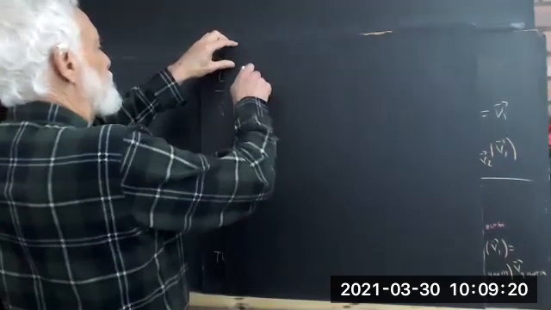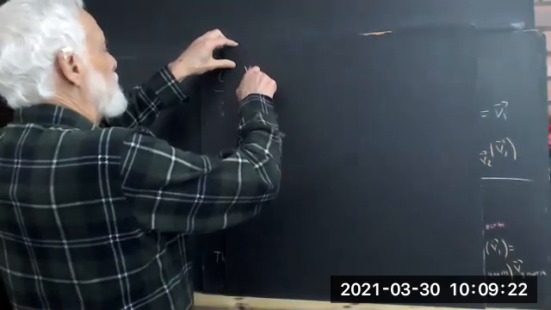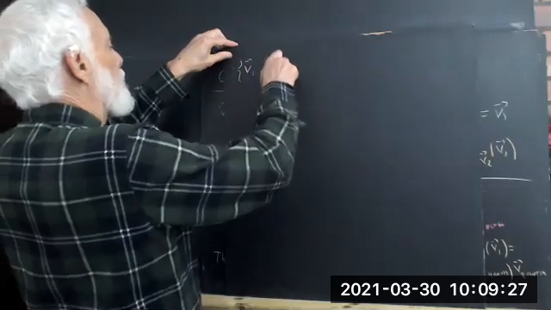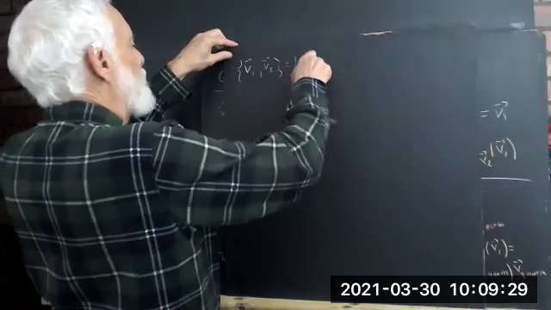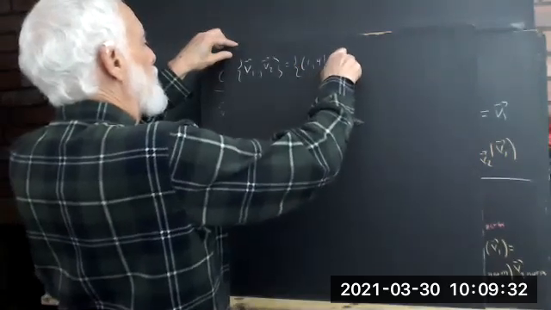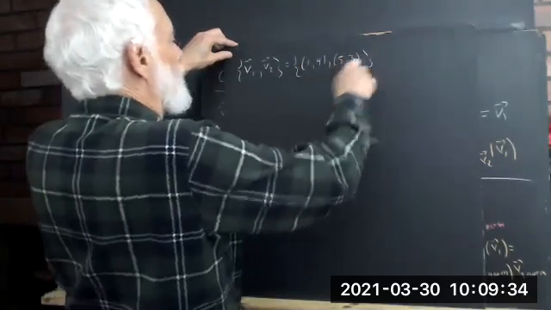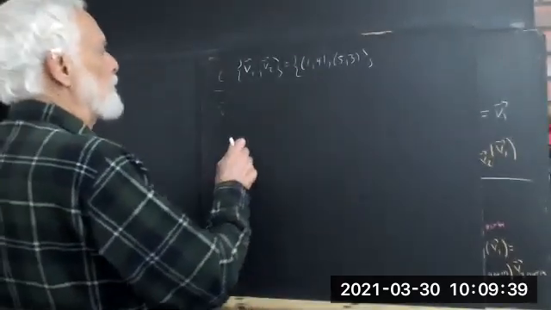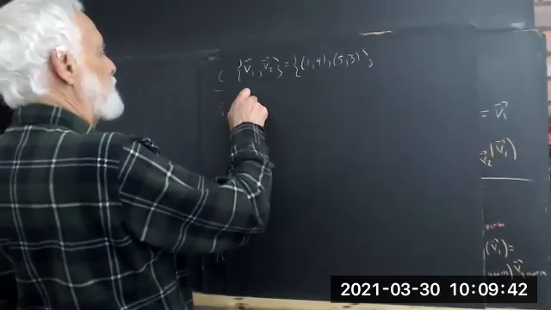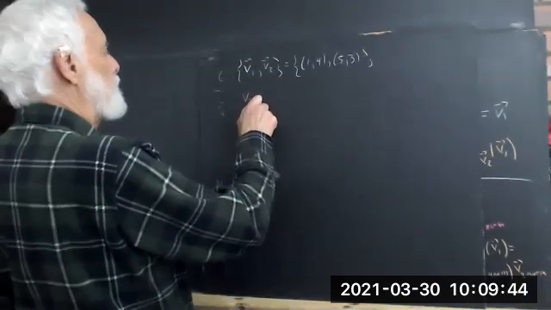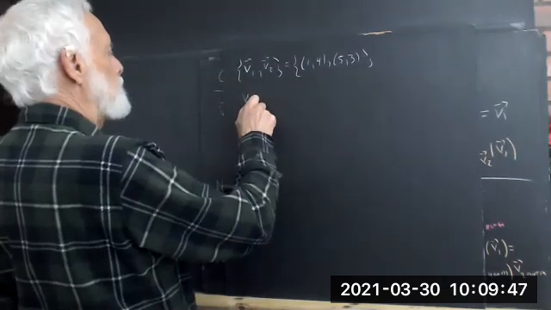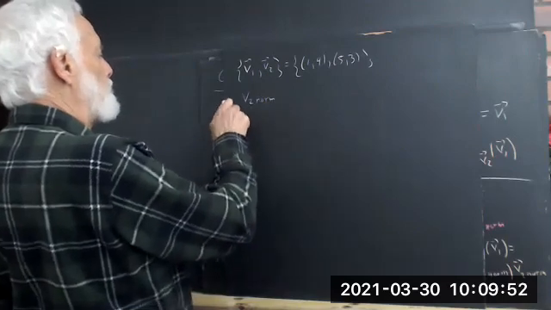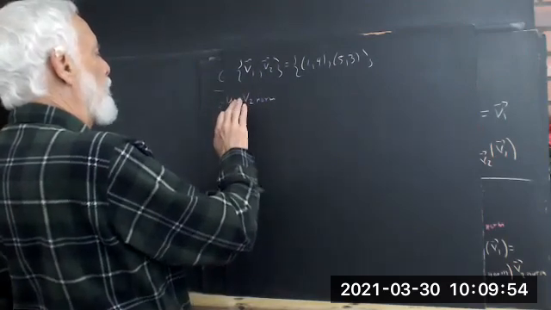Okay, V1, V2 is 1, 4, 5, 3. So I'm going to say V2 norm, and I'm going to call that U2.